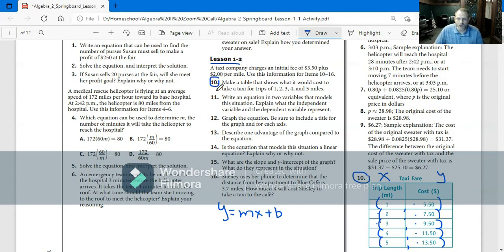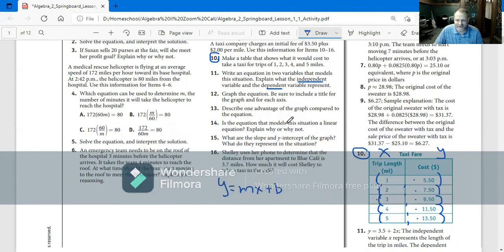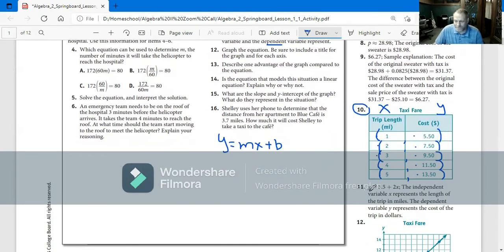Write an equation in 2 variables that models the situation. Explain what the independent and dependent variables are. Remember our y = mx + b. So y equals, and we're going to put the 2x first. I don't like for that 2x to be over there, really not in slope-intercept form.